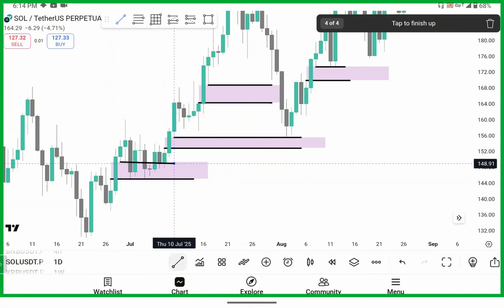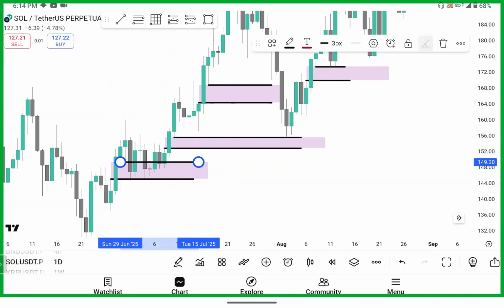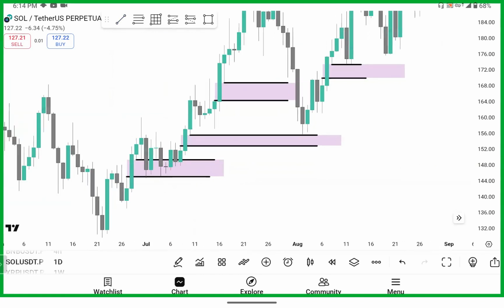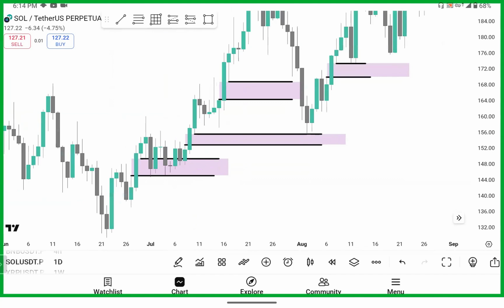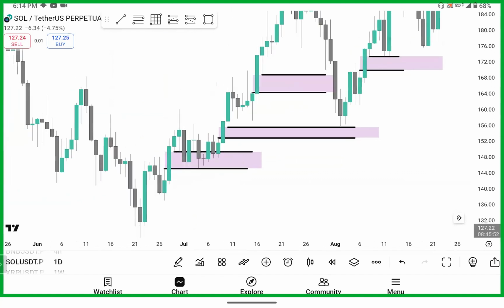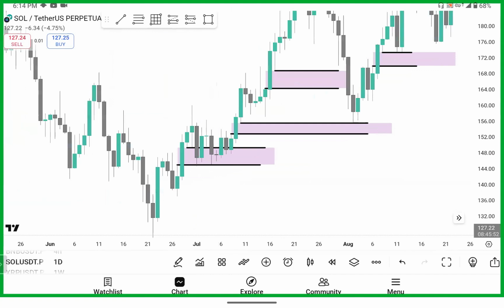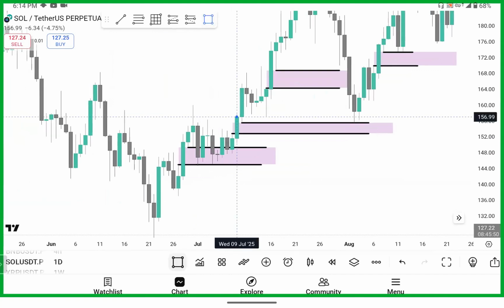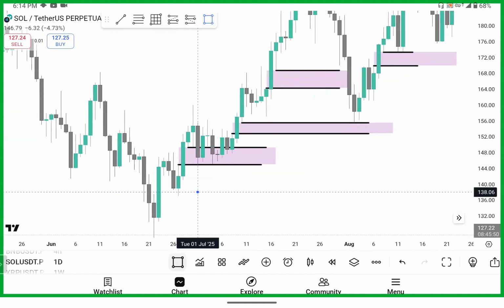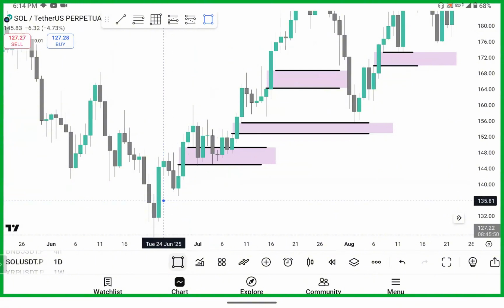After price came down and picked this low, it again comes and taps into this fair value gap. And then it makes a market structure shift.